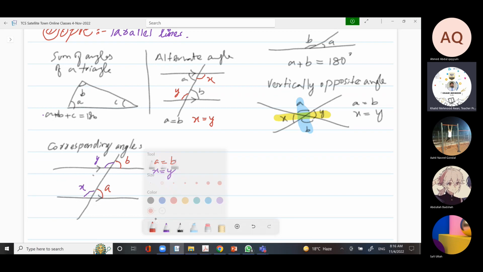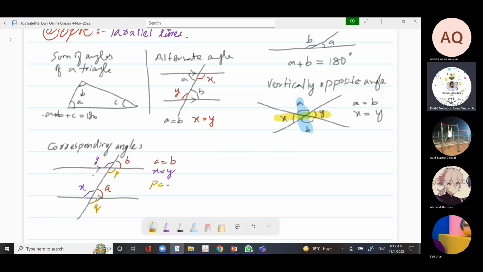Now, if we go further, if there is an interior angle with the top parallel line, we can name it P. Then the same side exterior angle with the other parallel line will be Q, and they are equal.